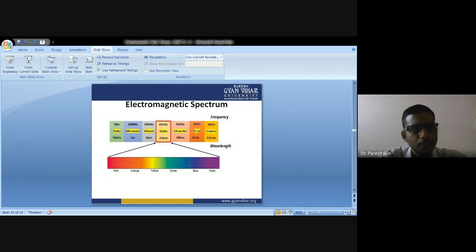Due to this, they have different characteristics and hence find application in multiple fields. So an electromagnetic spectrum is nothing but the representation of different electromagnetic waves according to their specific frequency and wavelength.